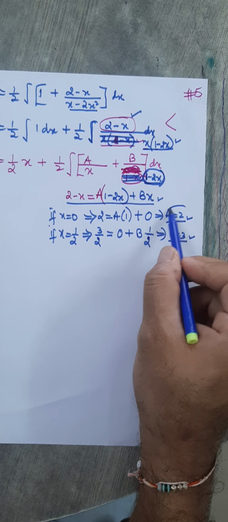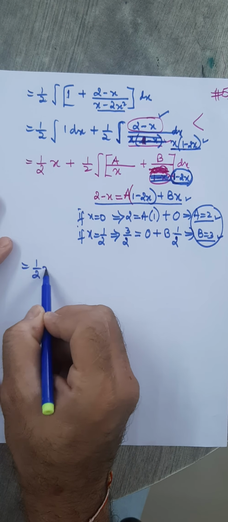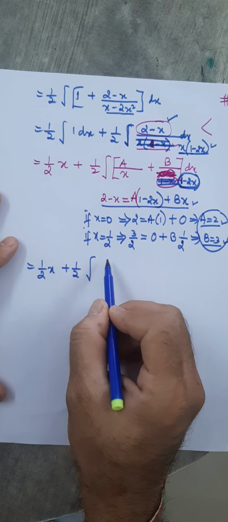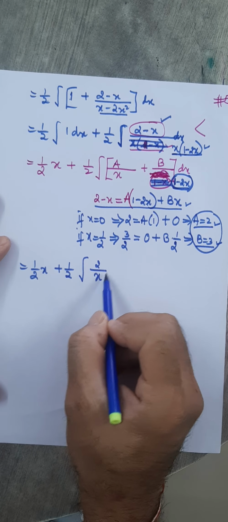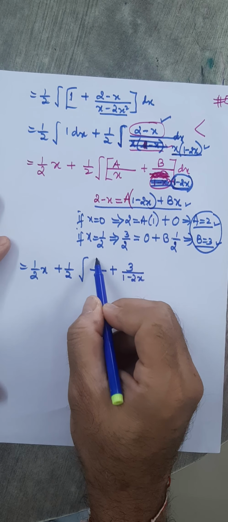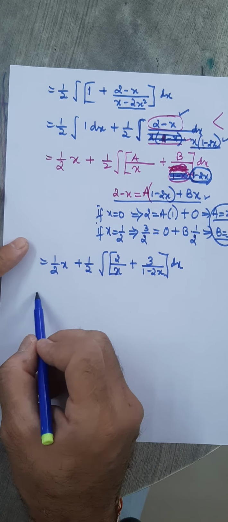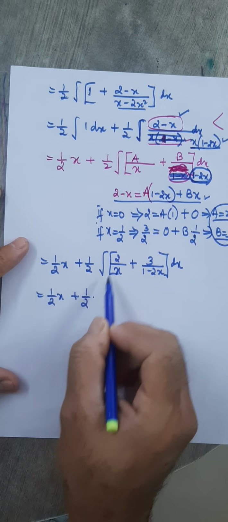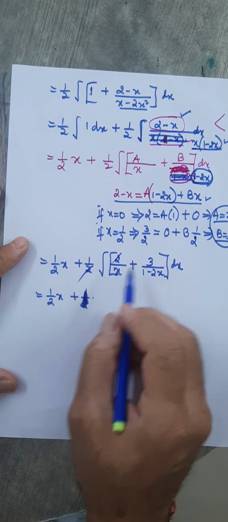So now I'll place these values of A and B here. So finally we are getting half into x as it is, 1 by 2 as it is there in the integral. What is A? A is 2, so 2 upon x. What is B? 3 upon 1 minus 2x, the whole dx. So this equals half into x plus 1 by 2. 1 by 2 will go away, so this is just 1 after opening the bracket.